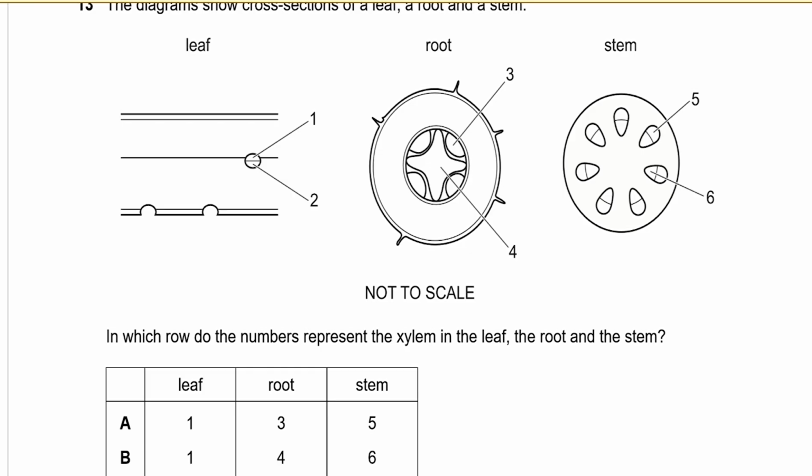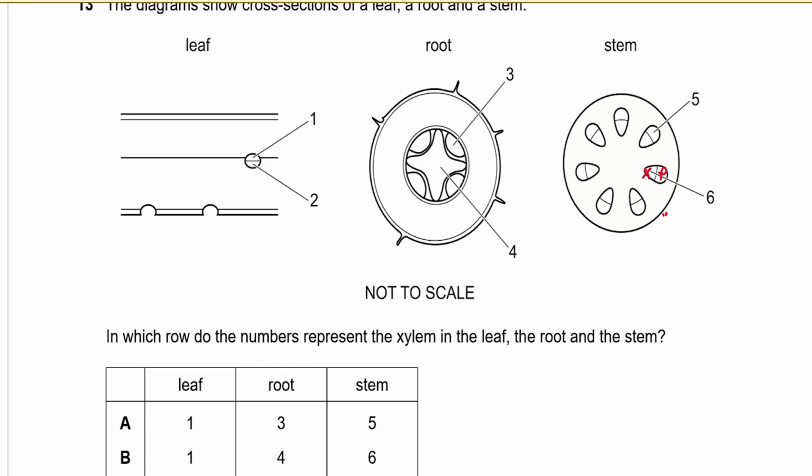Which means that if you are drawing a root, for example, the xylem is inside while the phloem is outside. Let's start with the stem over here. This is the stem, and this is a representation of the vascular bundle. This outer part over here is the phloem, but the inner part is xylem.